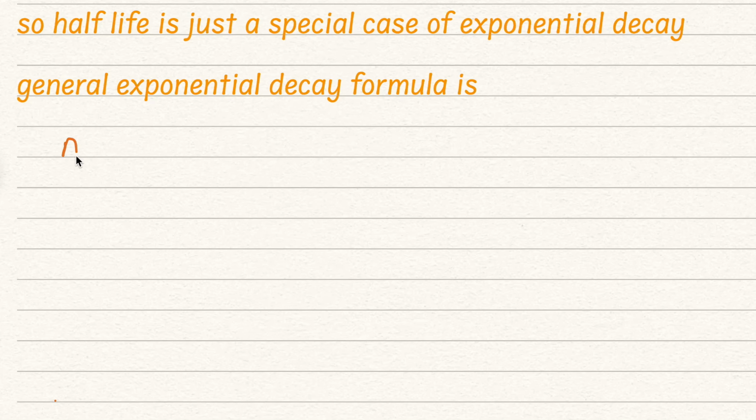So the general equation is A is equal to A naught e raised to power negative kt, where A is the final amount, A naught is the initial amount, K is the decay constant.